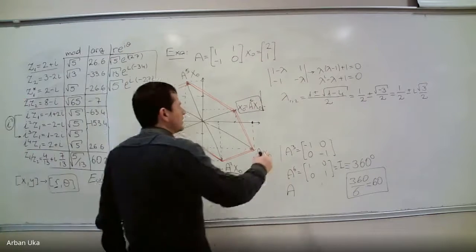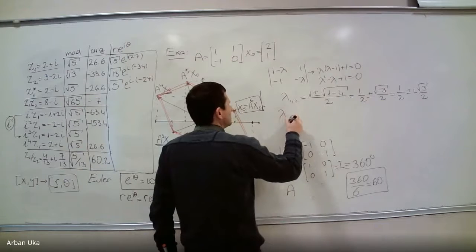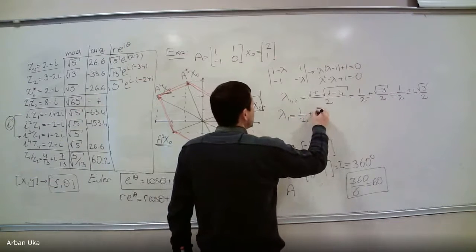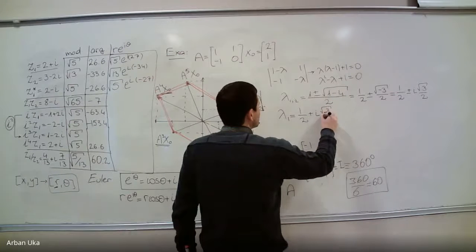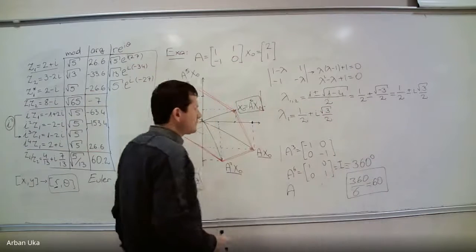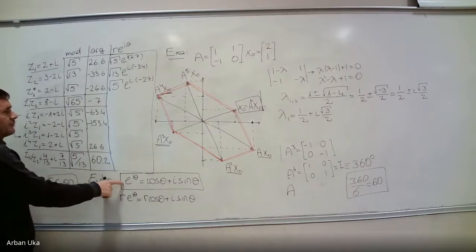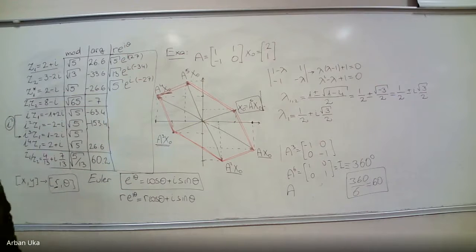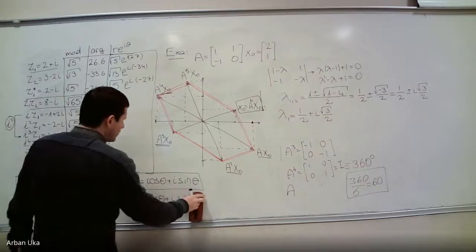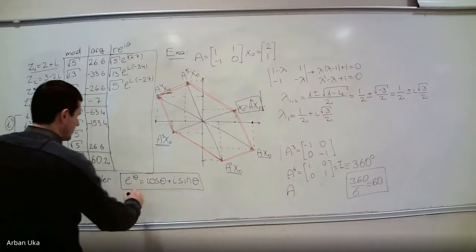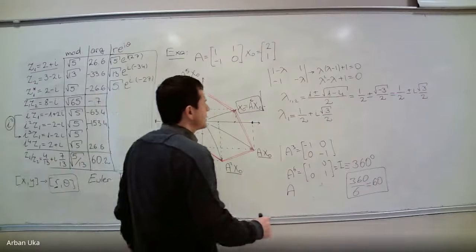Now, it looks like lambda 1 is going to be equal to 1 over 2 plus i times square root of 3 over 2. If we have a look at this expression, which angle has a cosine equal to 1 over 2? 60 degrees, that's true.